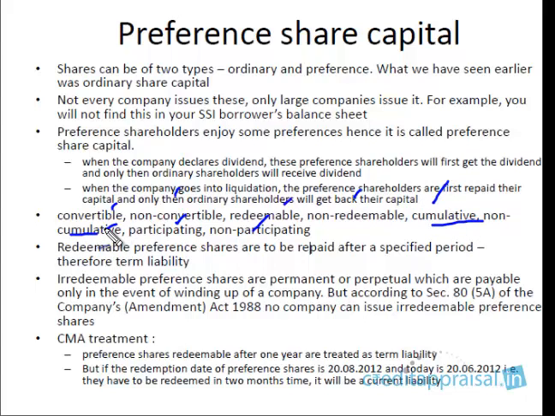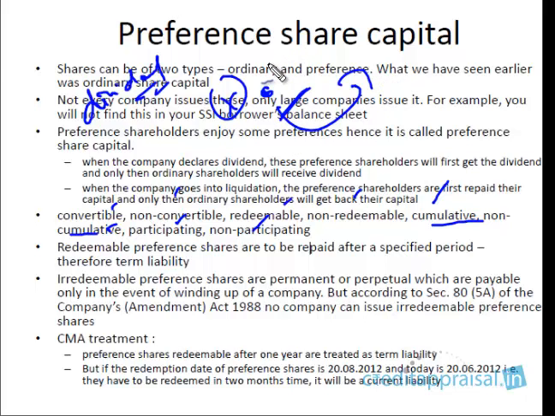What is cumulative and non-cumulative? Say the preference shareholders are eligible for some dividend, just like ordinary shareholders. In a particular year, the company, for example, has not paid dividend. Say it has not made profit, so obviously it cannot pay dividend. If the dividend of this year, which the company has not paid, gets carried forward to the next year, that is a cumulative preference share: the preference shareholders will be eligible for the backlog dividends.